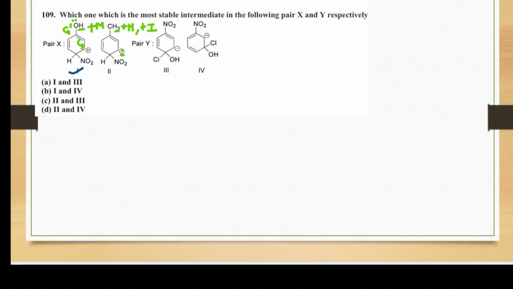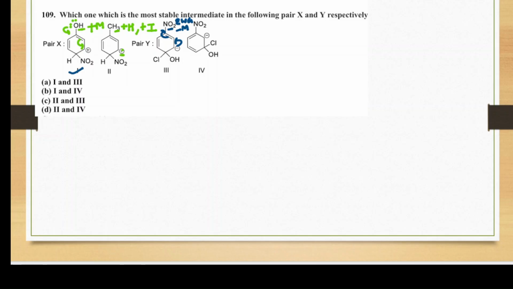Right, now let us see in the pair Y, this NO2 group that is present is your electron withdrawing group. It can apply the minus M effect. So I can see in this third molecule that I am having, this electron density can be shifted like this. So this is resonance, it is possible in this. So this is going to apply the minus M effect, and due to that this carbanion will be stabilized.